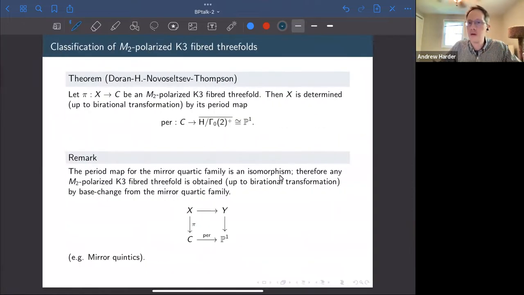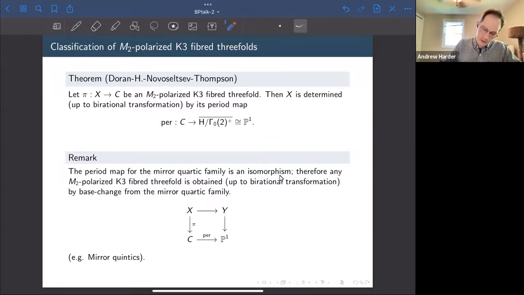And moreover, we can use the mirror quartic family to say something about how to actually reconstruct it. So not only do we have this theoretical result about the period map determining the threefold, we have a result about how to geometrically get back to where we started from.